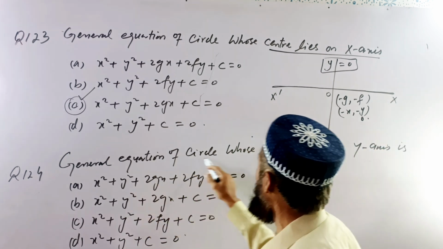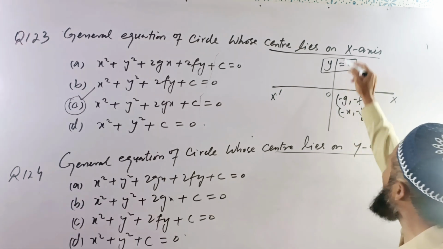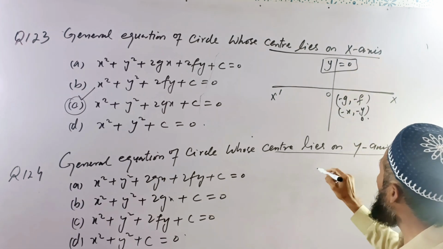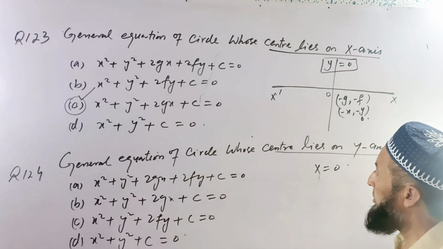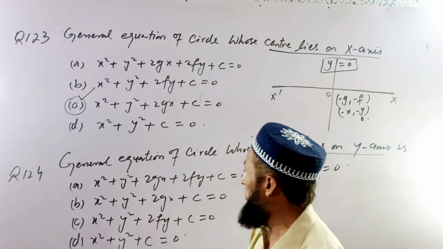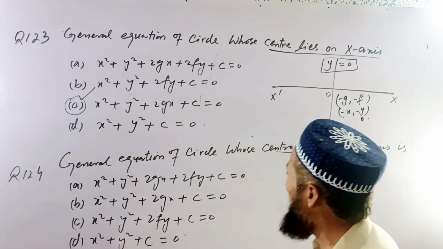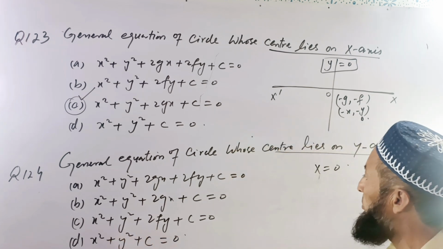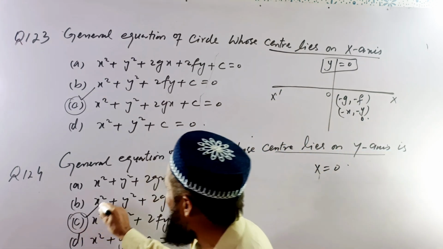Similarly, for the general equation of the circle whose center lies on the y-axis, we put x is equal to 0. Then we get x square plus y square plus 2fy plus c is equal to 0, and option C is also the correct option.